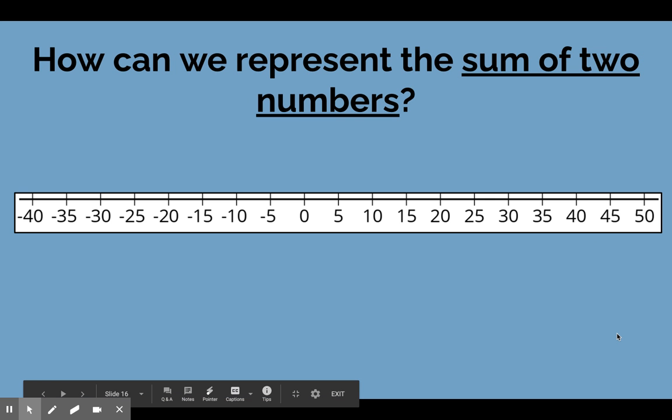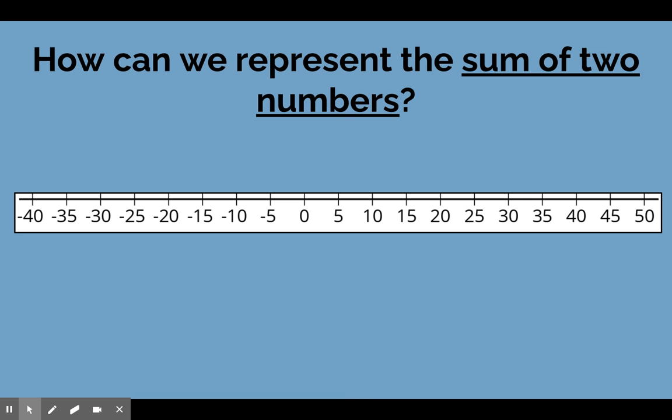Okay, this one's a little bit different. How can we represent the sum of two numbers? We know that sum is translated into addition. So let's take 30 seconds, think about this, and put your answers in the chat.